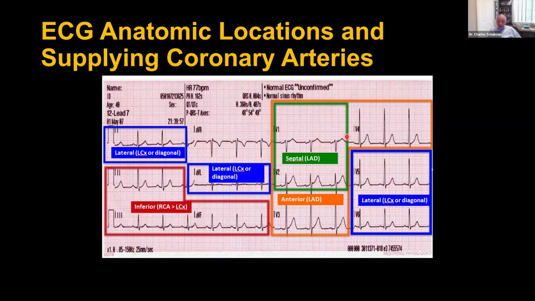This would be the proximal portion of the left anterior descending coronary artery, and this might be a diagonal branch, 1, AVL and V5, V6.